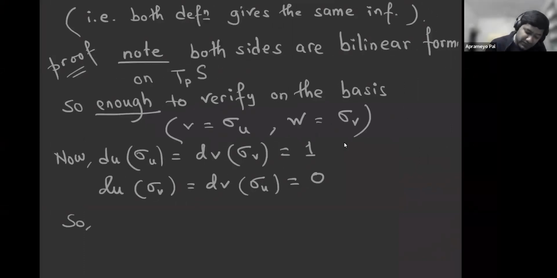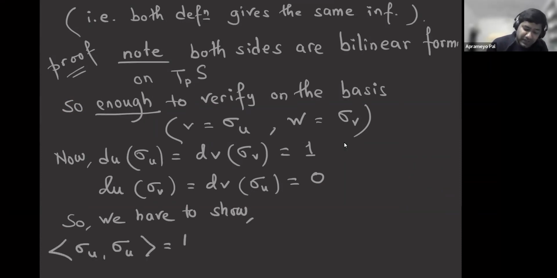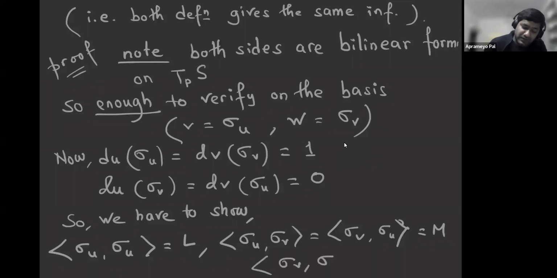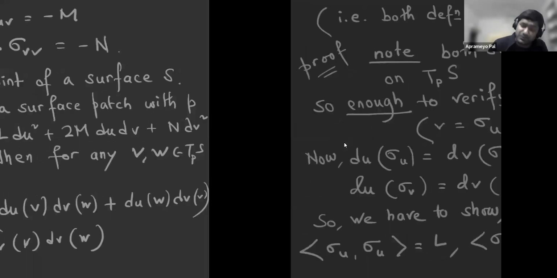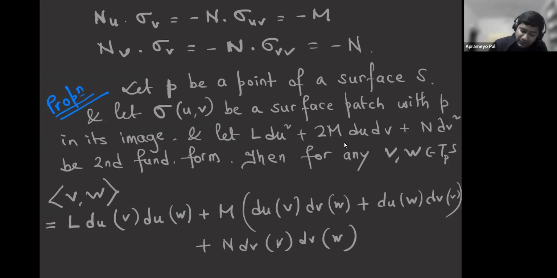Essentially we have to show that the form at sigma U, sigma U is L, at sigma U, sigma V, which is the same as at sigma V, sigma U, is M, and at sigma V, sigma V is N. You put sigma U instead of V and W, and you see here this is 1 and everything else vanishes.